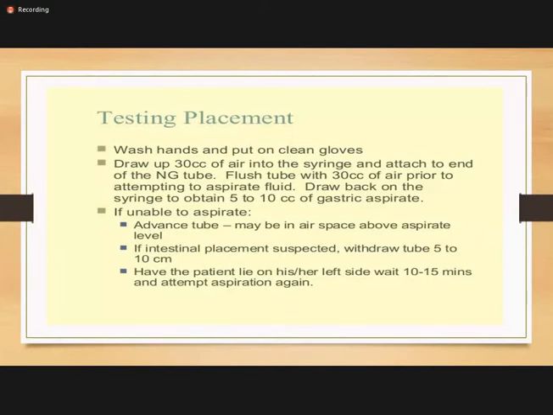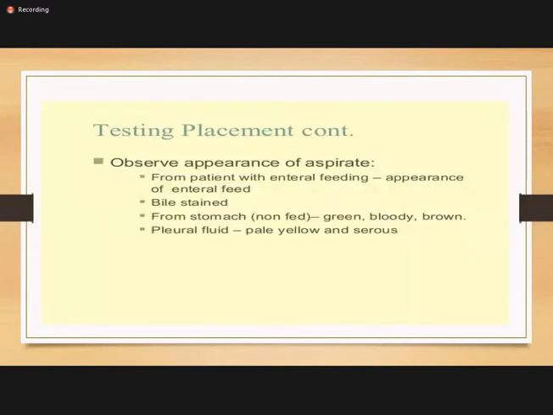Have the patient lie on the left side, wait 10 to 15 minutes, and attempt aspiration again. Observe the patient with enteral feeding, the appearance of the enteral feeding, bile stain from the stomach, green, bloody, brown, and pleural fluid.